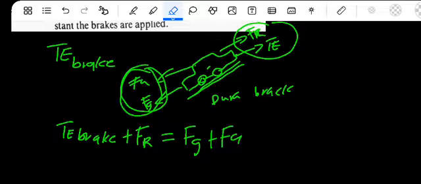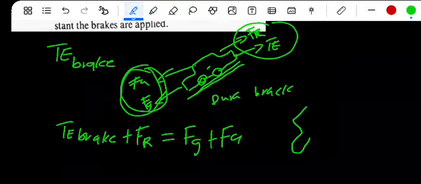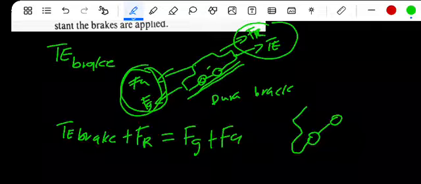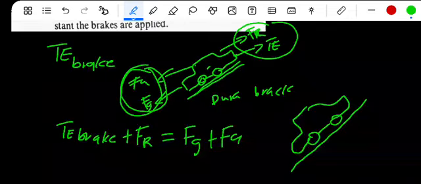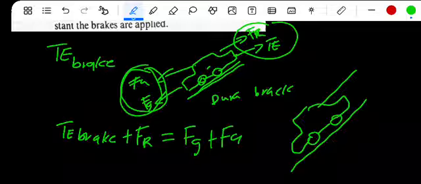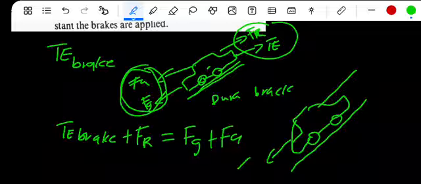I know originally, when we don't have breaks, guys, if you have the slope and your car is going down, we'll have TE, we know that.